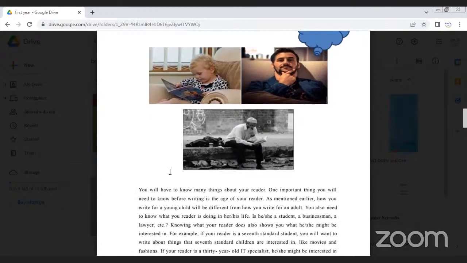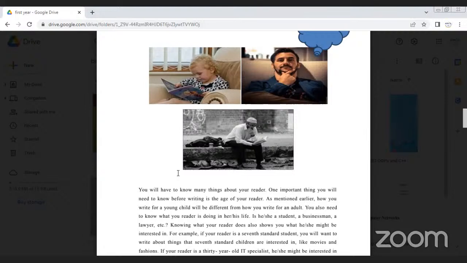You will have to know many things about your reader. First, you have to know about your readers. One important thing you will need to know before writing is the age of your reader. First, see the age of your reader. As mentioned earlier, how you write for a young child will be different from how you write for an adult.